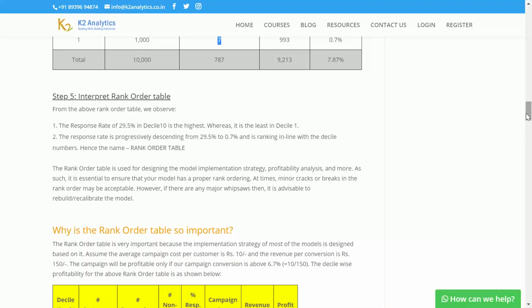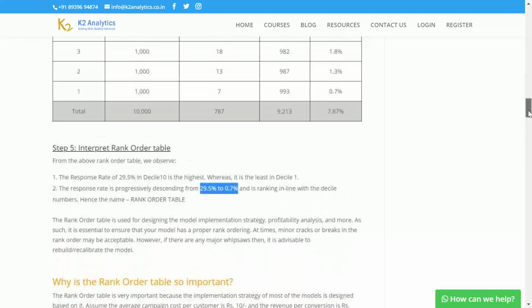So here we can see the response rate of 29.5% in decile 10 is the highest, whereas it is the least in decile 1. The response rate is progressively decreasing from 29.5 and is ranking in line with the decile numbers.